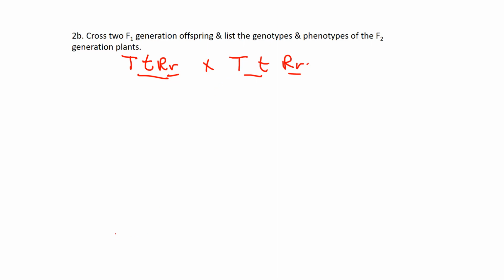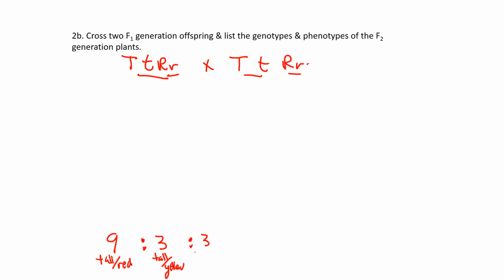We can already put this down here, 9. And a 9 being double dominant. So that means tall and red. And 3 of them are going to be one of the traits dominant, tall, and the other one recessive, yellow.